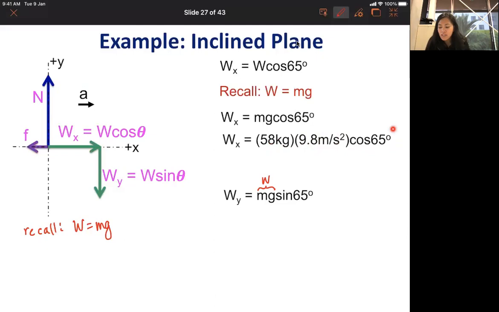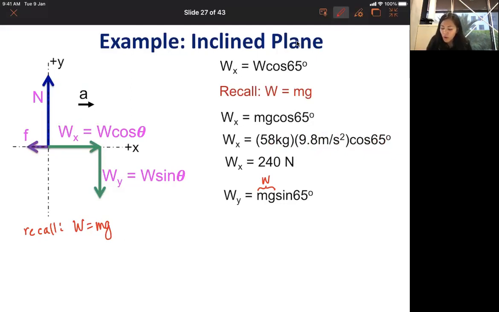Then you have the cosine of the angle. Remember that we're getting the angle relative to the x-axis, the angle between the weight force and the slope, so it's 65 degrees instead of the given 25 degrees. Doing the calculation gives you 240 newtons.